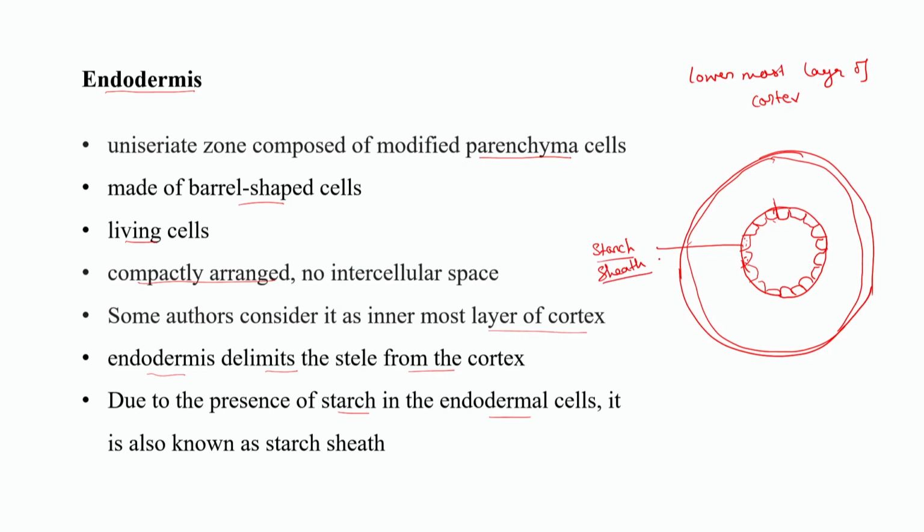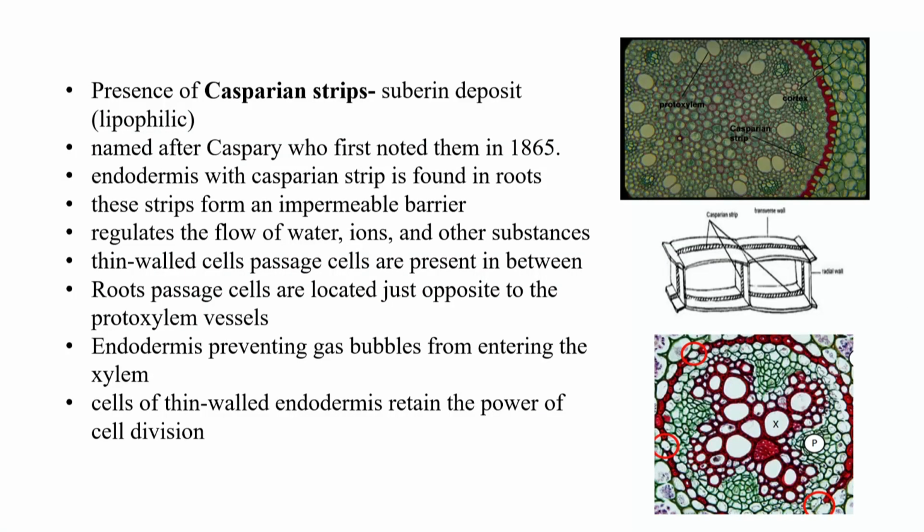But yes, there is a difference between monocot and dicot cellular organization and composition. That we will discuss when we talk about those different plant types. The starch sheath is generally seen in dicot plants, in dicot stem. In this endodermis, you will find a very peculiar thing, that is the presence of Casparian strip.